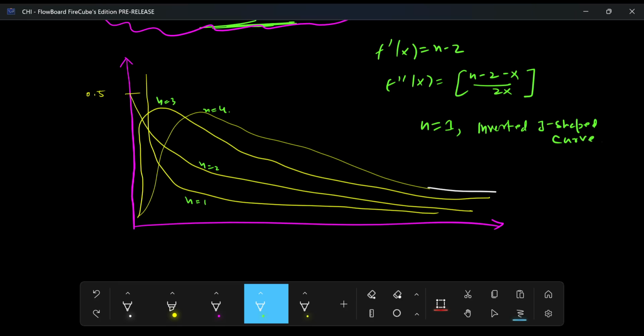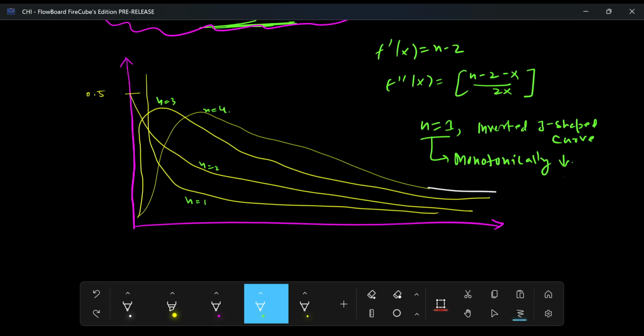And as you can see, this is my maximum value, then minimum. Then the graph for n is equal to 1 is monotonically decreasing. What's monotonically decreasing? That's simply decreasing.